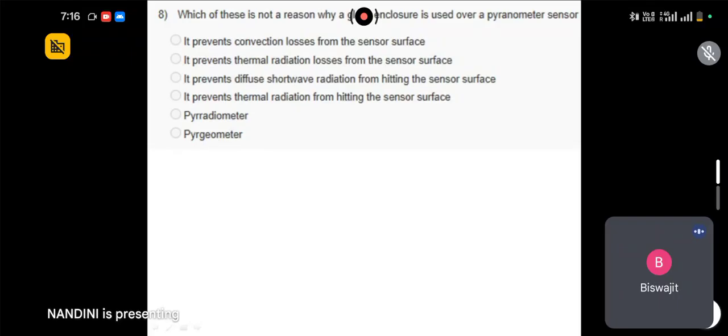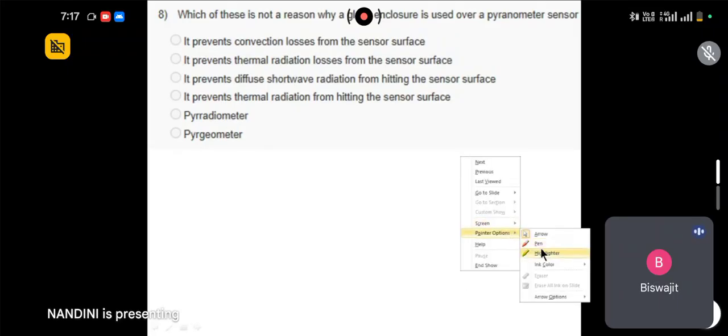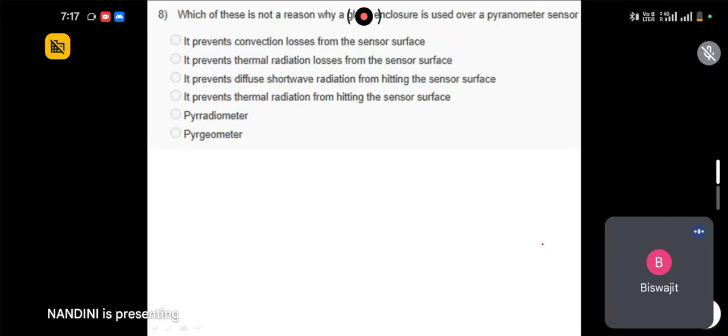Third one, right? No, it basically measures the diffuse radiation. It is measuring the diffuse shortwave radiation, right?